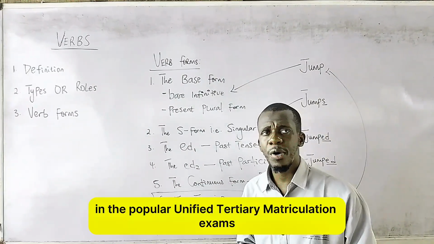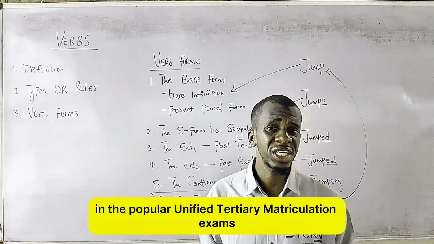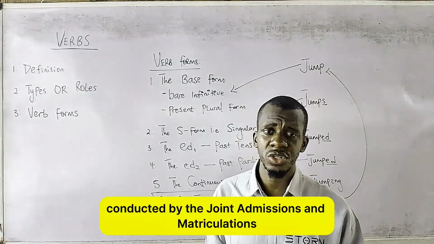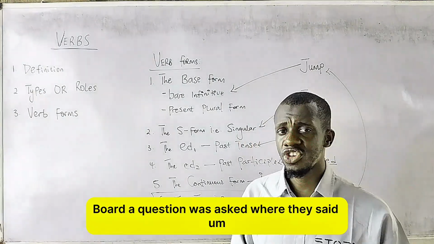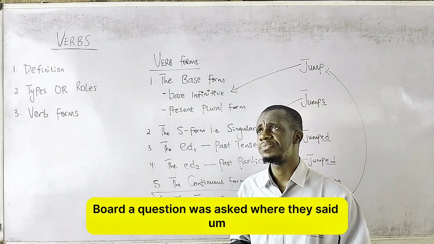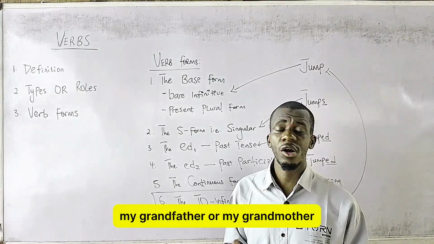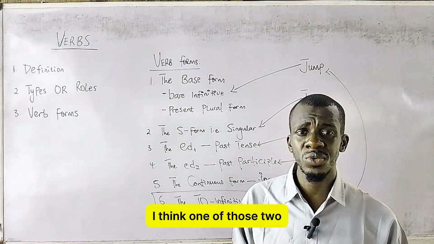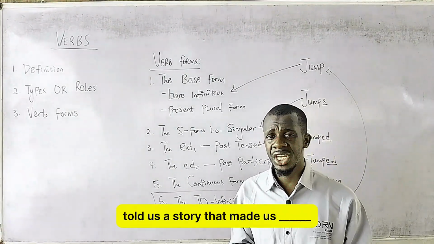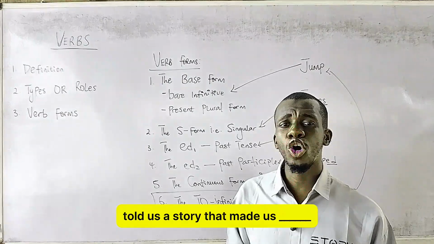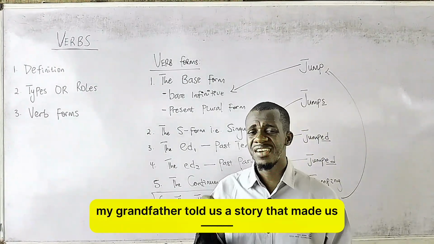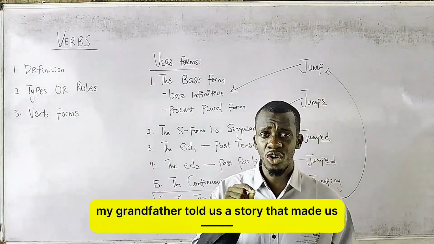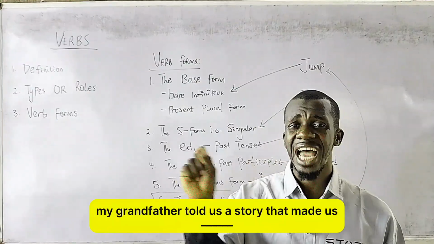For example, in the popular Unified Tertiary Matriculation exams conducted by the Joint Admissions and Matriculations Board, a question was asked where they said, my grandfather told us a story that made us dash.